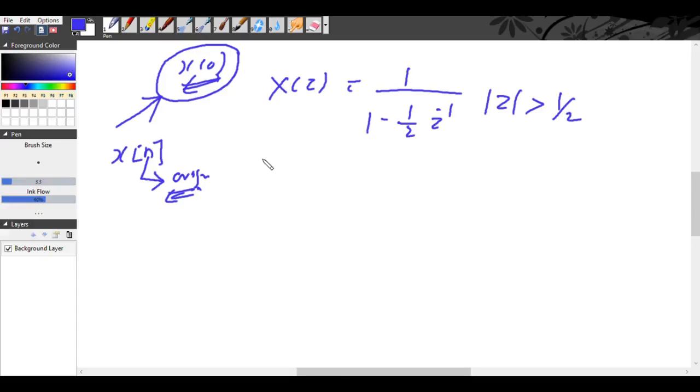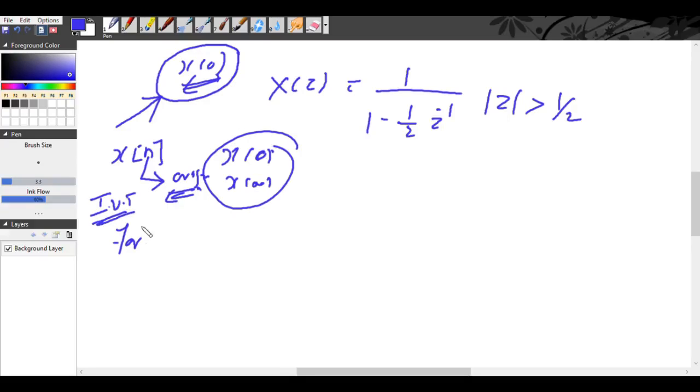There are two interesting properties that can be useful for identifying the x of 0 as well as x of infinity, right? One is the initial value theorem and another one is the final value theorem. What is the initial value theorem?